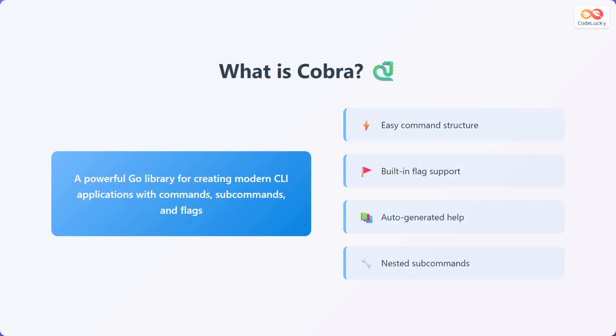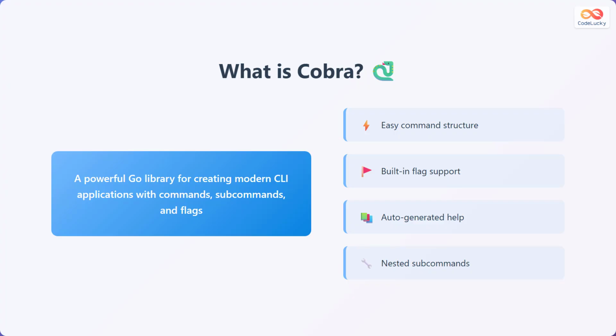Cobra is a powerful Go library specifically designed for creating modern command line interface applications. It provides a simple yet robust framework for building applications with commands, subcommands, and flags. What makes Cobra special is its ease of use, combined with powerful features.